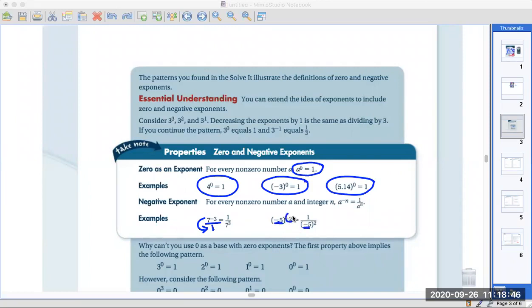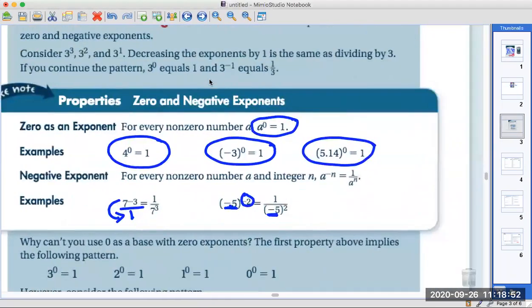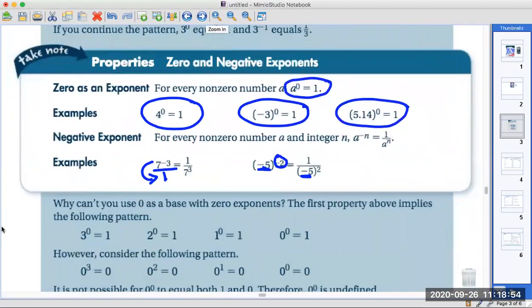It's the exponent. Let me make that bigger. There we go. It's the exponent that becomes positive. You see, -2 becomes +2. The base, -5, stays negative.